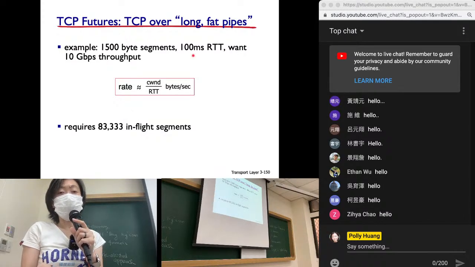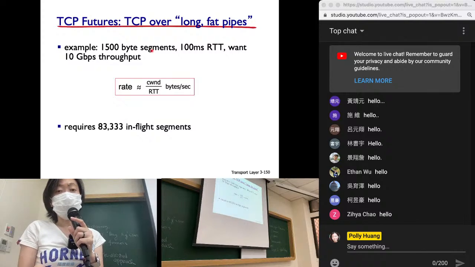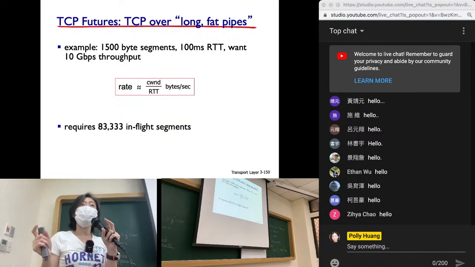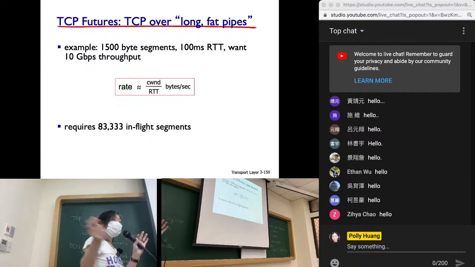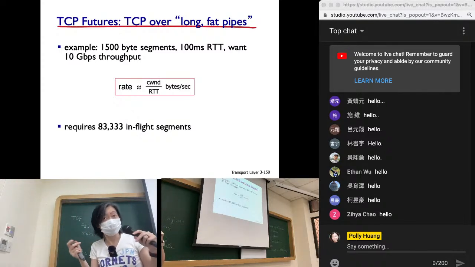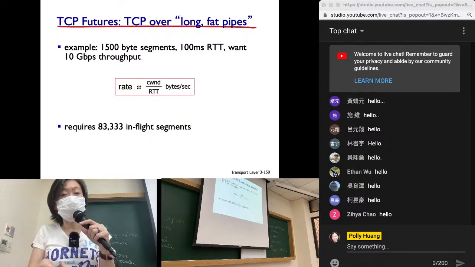Okay, so let's consider this example, this scenario. Assuming the packet size is 1500 bytes, round trip time 100 milliseconds, and our goal is to achieve 10 gigabits per second. So think about this being a TCP connection used by Google to synchronize the data in their data centers. So we know already, right?